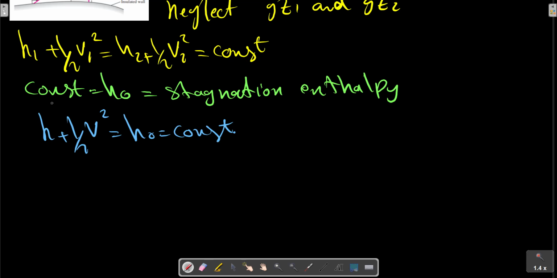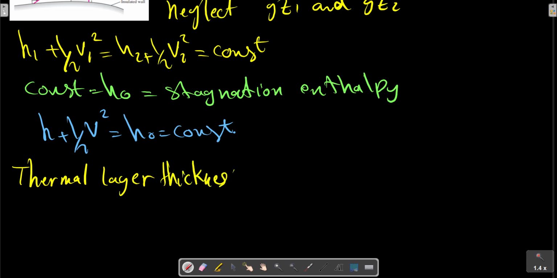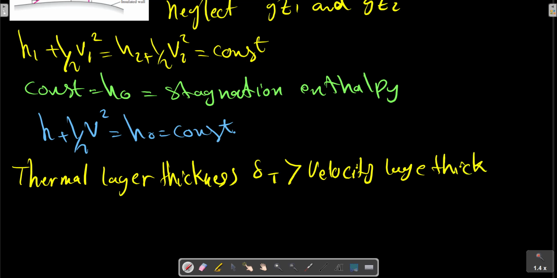So we can write the thermal thickness delta T is greater than the velocity layer thickness delta V.